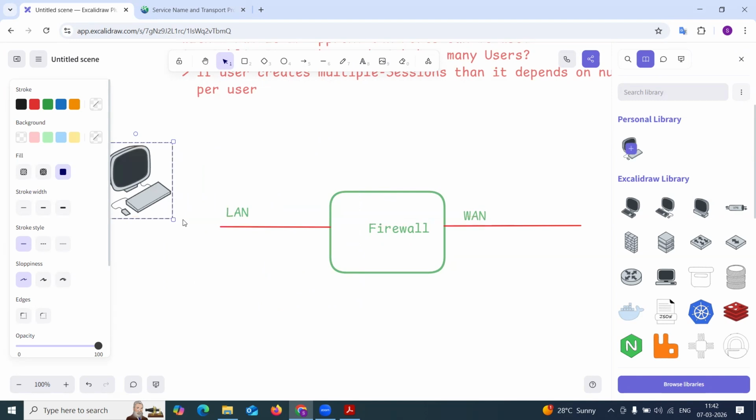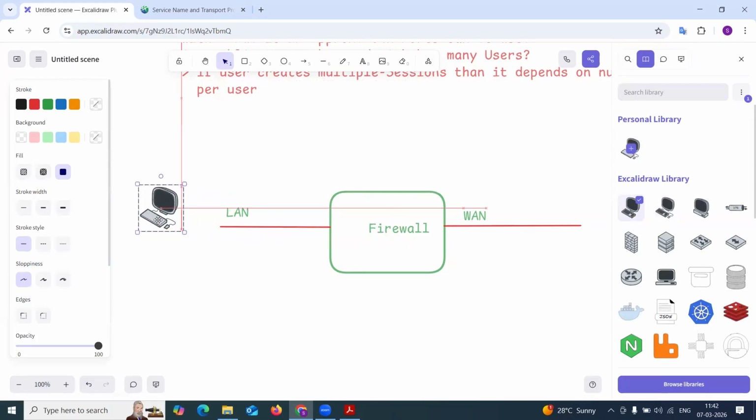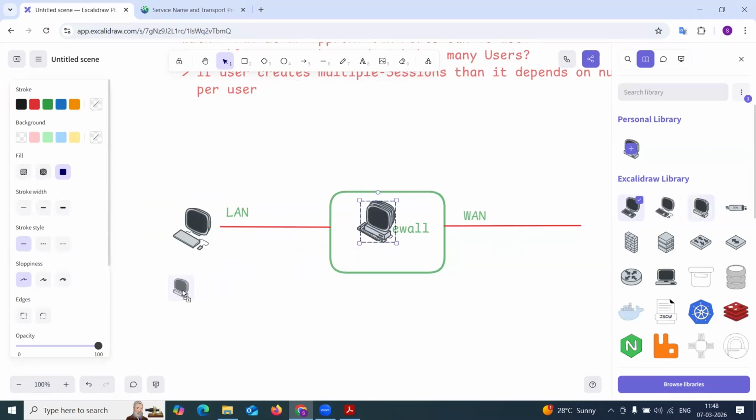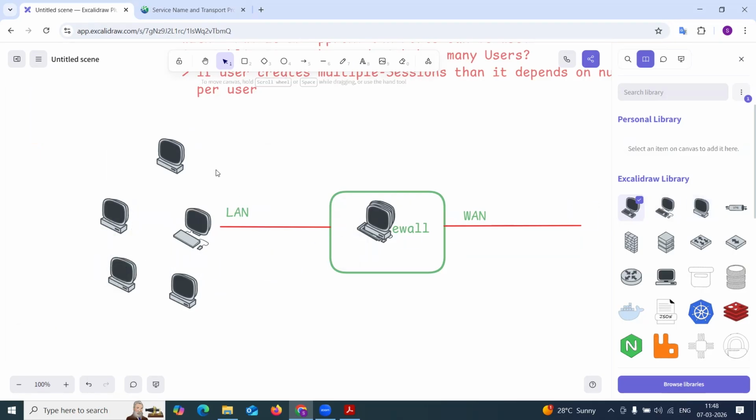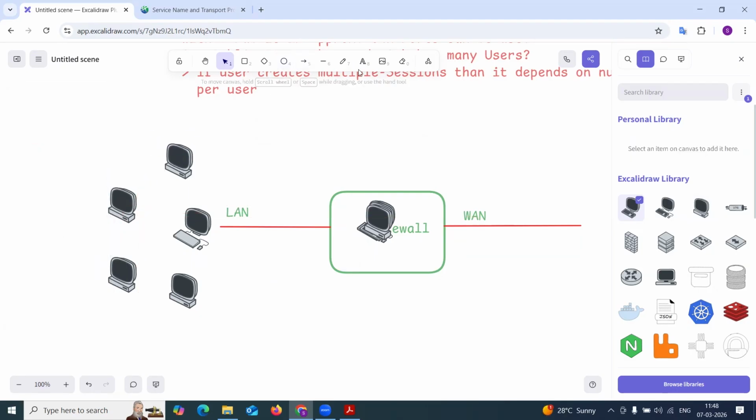Here we have multiple PCs. So let's say here I have multiple users over here. These all are in my LAN network, right? LAN network means what? Private IP.